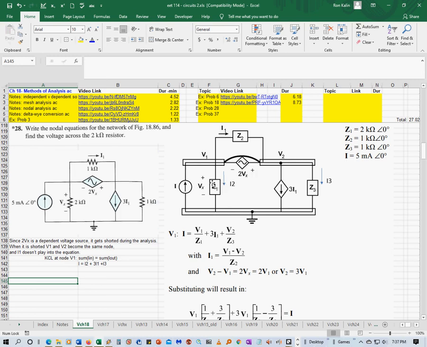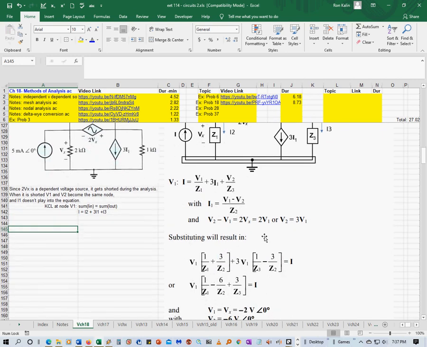And Vx happens to equal V1, because V1 is the voltage from this point to this point, which is also what Vx is. So that is also equal to 2V1. If you solve V2 minus V1 equals 2V1, you get V2 equals 3V1.